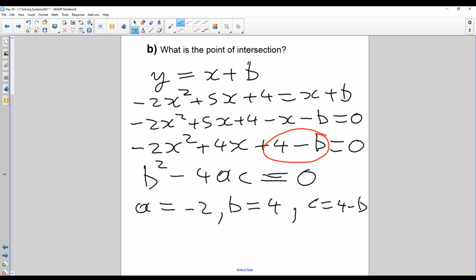So here's what we're going to do now. We're going to say b squared is 4 squared, that's the b, minus 4 times a, which is minus 2, times c, which is 4 minus b, equals 0. Sorry, this is a minus, this is not equals.